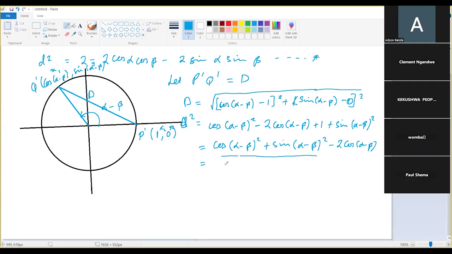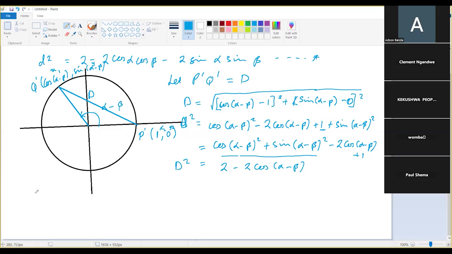So this is just going to give us 1. I've left a 1 somewhere, this one here, so let me add it there. So this gives us an identity, which is 1. So we have 1 plus 1, which gives us 2, and then minus 2 the cosine of alpha minus beta. Right, so this is d squared.